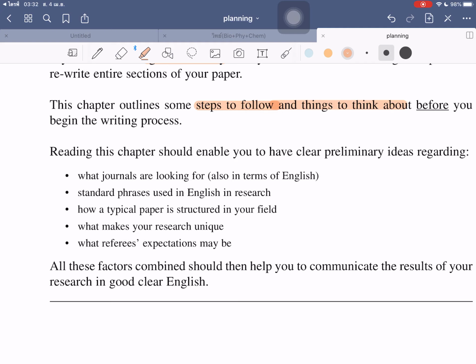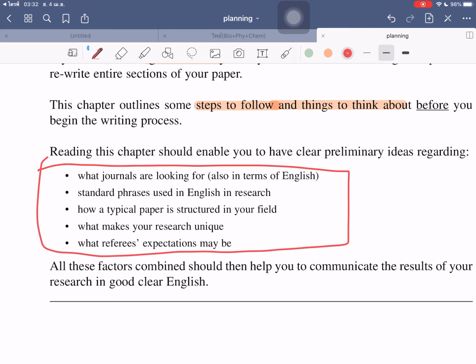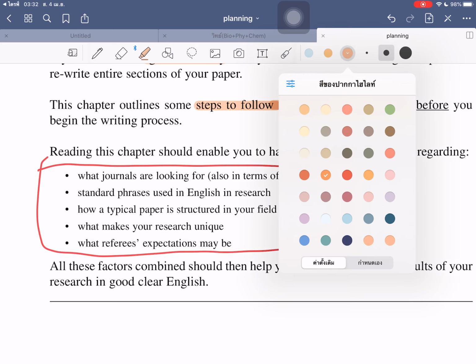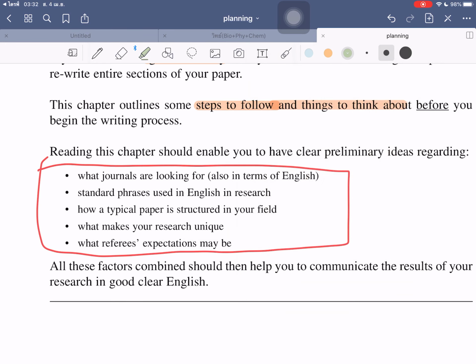There are some things you have to think about, to be concerned about, which are these 5 questions right here. The first one is: what journal are you going to publish in? What are the standard phrases?